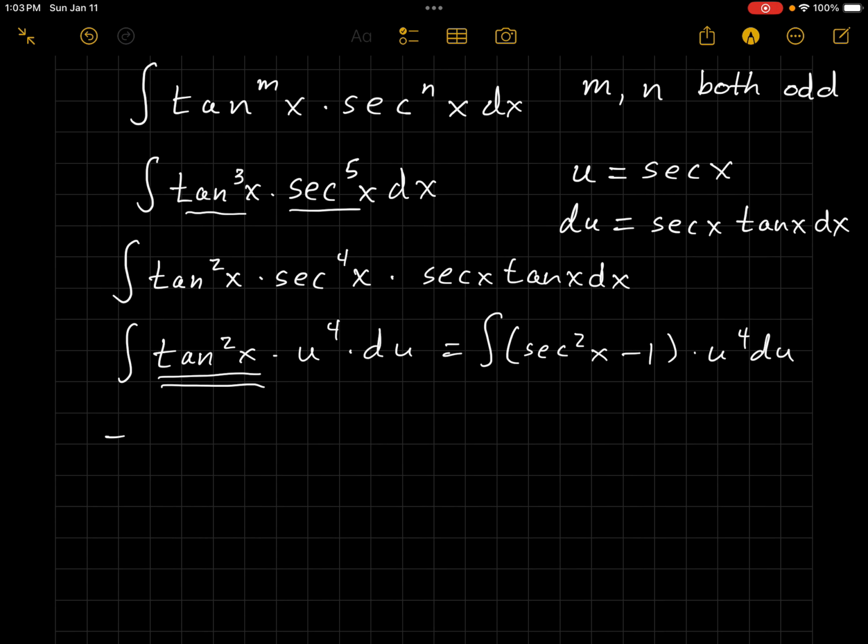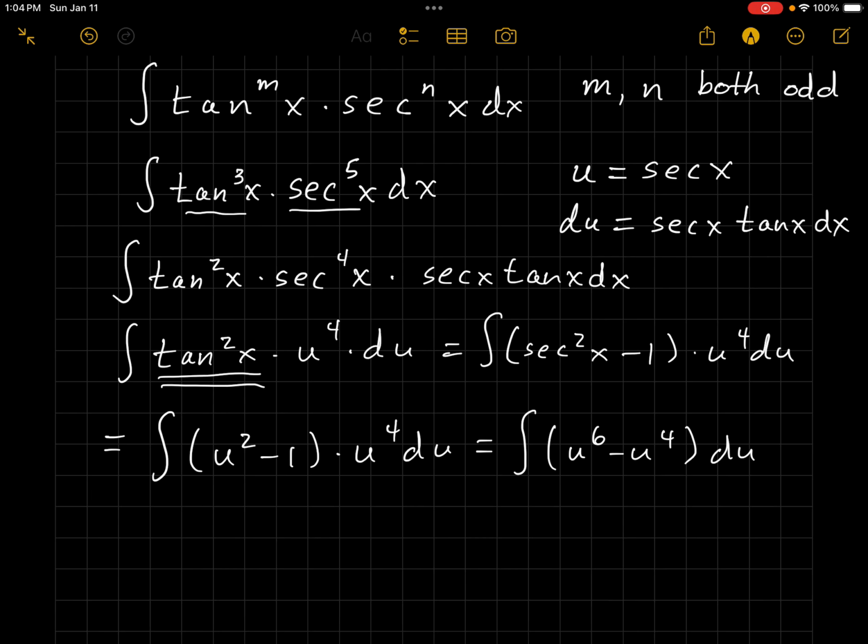But I already know that secant can be written as u. So I have u squared minus 1 times u to the fourth du. I would distribute the u to the fourth before I took the antiderivative, giving us u to the sixth minus u to the fourth du.